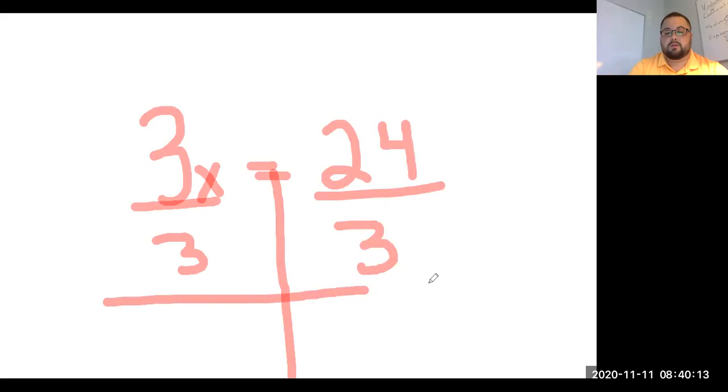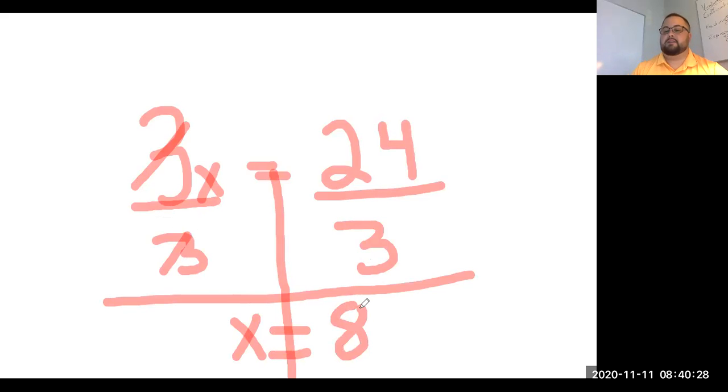Okay. So these 3's right here, we're going to cancel out because we get 3 divided by 3 is 1. So then we get x equals 24 divided by 3, which we know is 8. Okay. Now, again, if you want to check these types of problems to see if they are correct, you would replace that x with an 8.